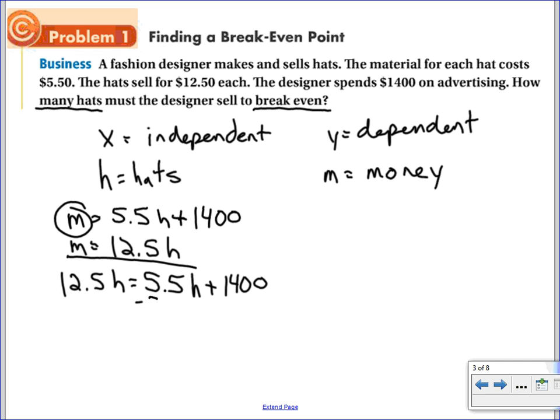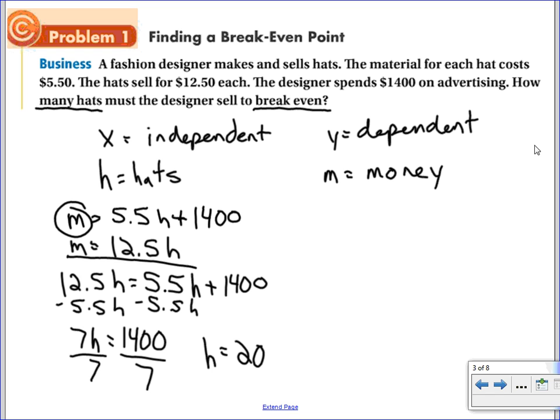I subtract 5.5H from both sides. That gives me 7H over here and $1,400 over here. Divide by 7, and H equals 200. So that means we need to sell 200 hats in order to break even.